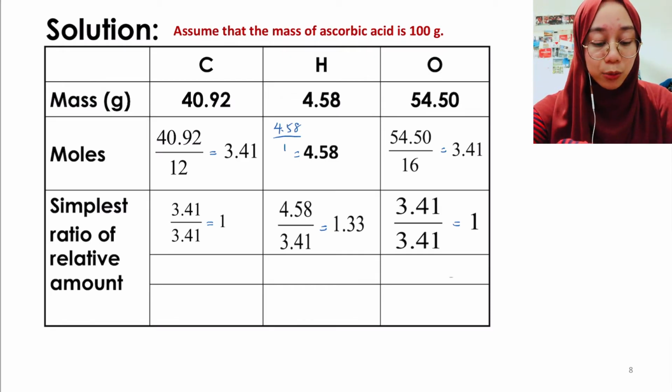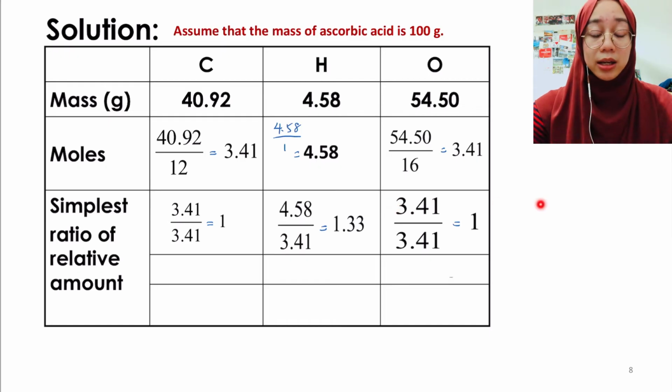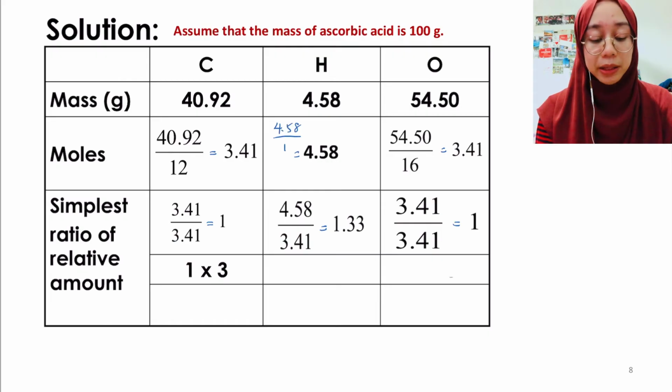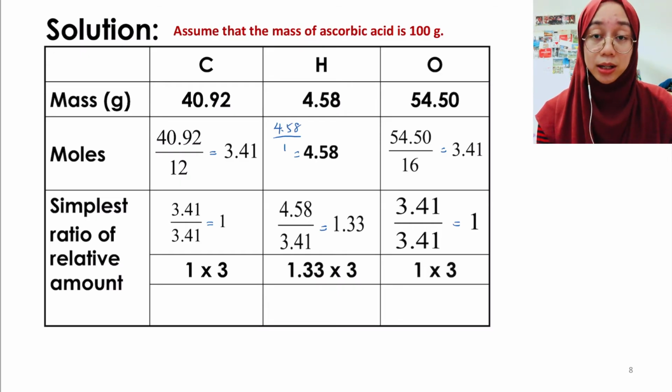Tapi adakah 1.33 ni sahaja yang kita nak kena darab dengan 3? No. Okay, so yang nak kena darab dengan 3 adalah the whole thing. Okay, bermaksud 1 tu kena darab 3, 1.33 kena darab 3, yang 1 untuk oksigen tu pun kena darab 3 juga. Therefore, the whole number yang kamu akan dapat untuk carbon is 3.